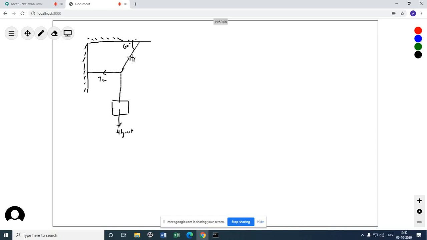What else? T2, T1 given. That's it. You have to find T1 and T2.